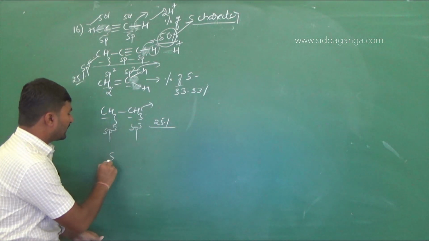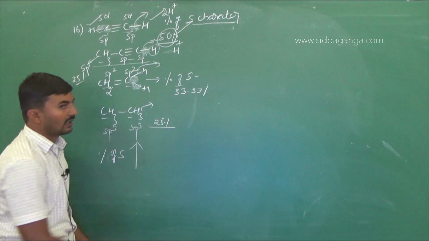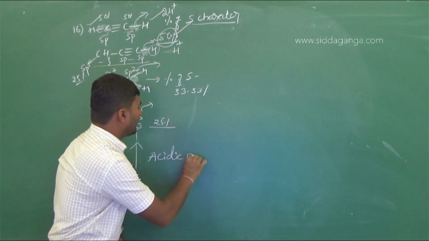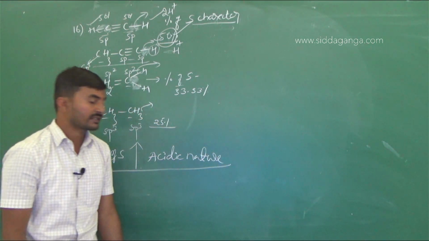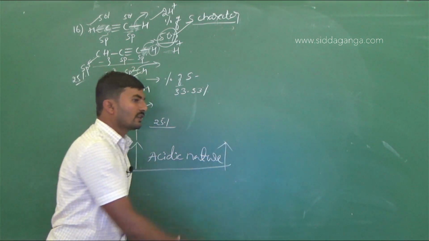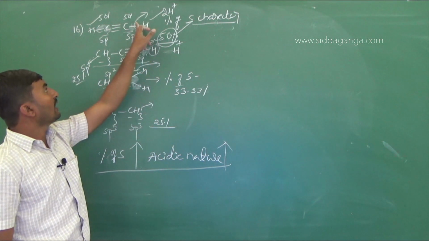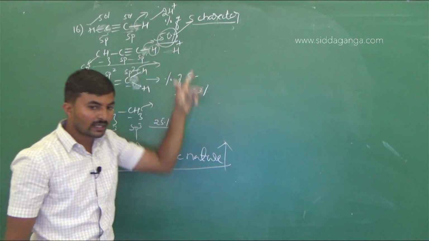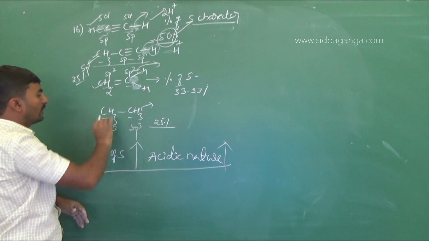As the percentage of s character increases, the acidic nature of the molecule also increases. So among this list, this alkyne, this ethyne molecule has more acidic nature, followed by the second one, third one and last one.